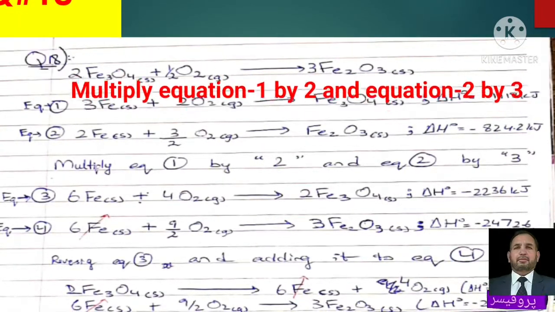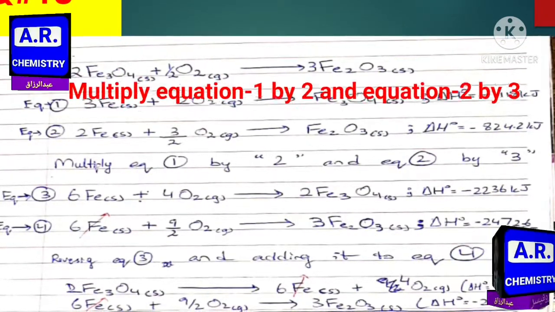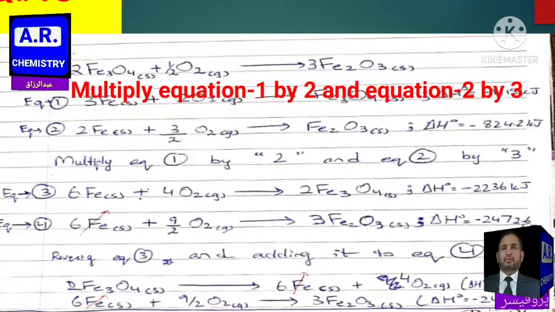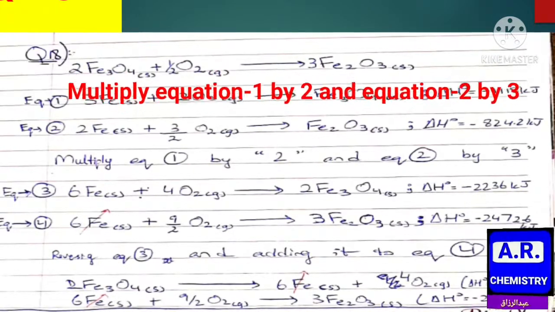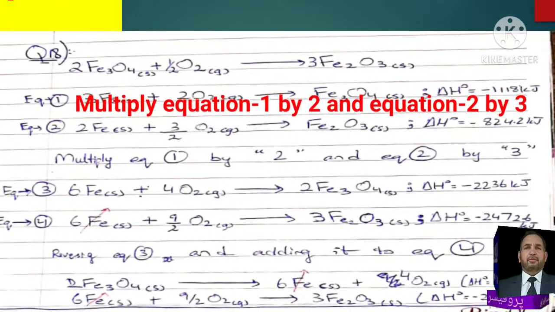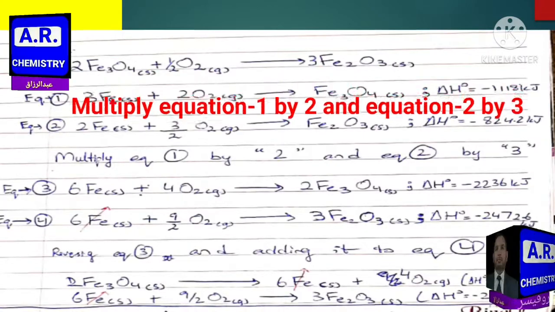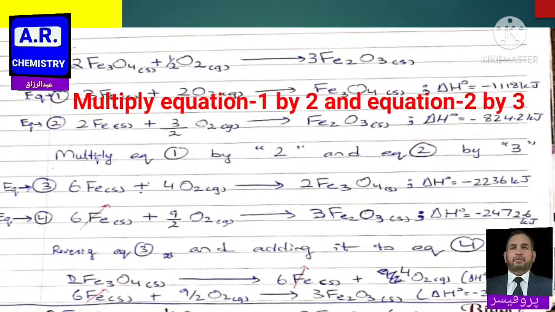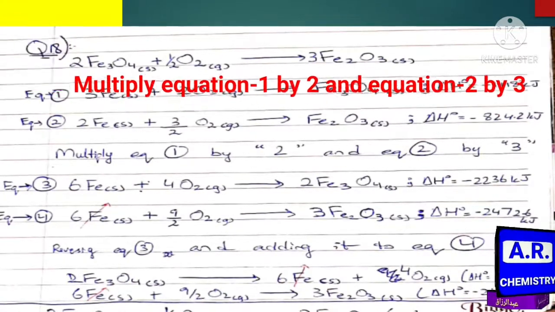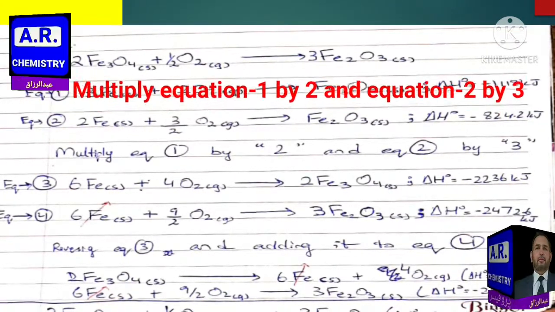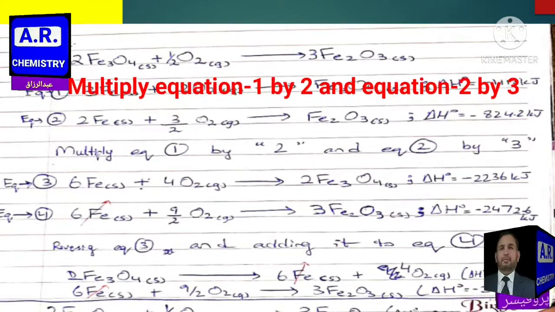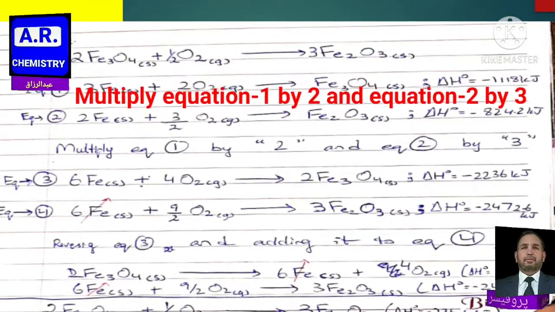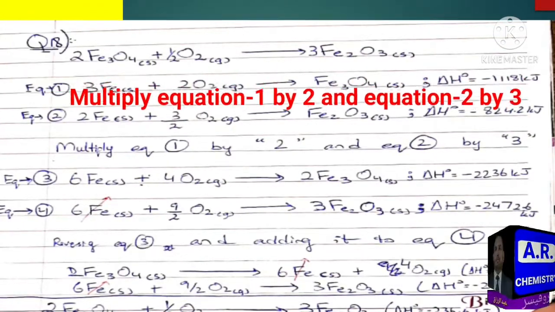Multiply equation 1 by 2 and equation 2 by 3. After multiplication, equation 1 would be in the form written as equation 3: 6 Fe plus 4 O2 gives us 2 Fe3O4. And you are also to multiply the enthalpy values with the same number.